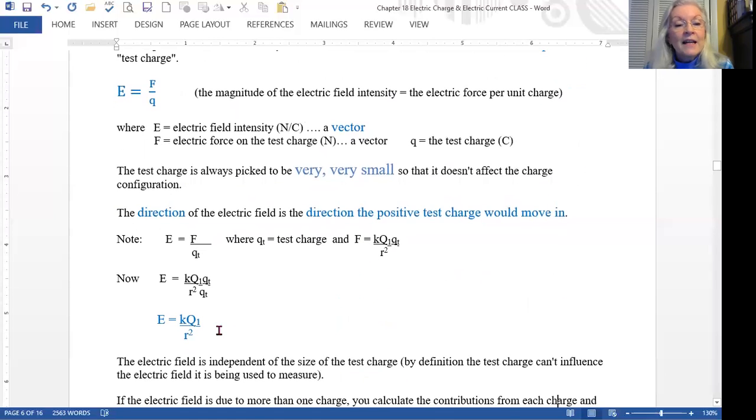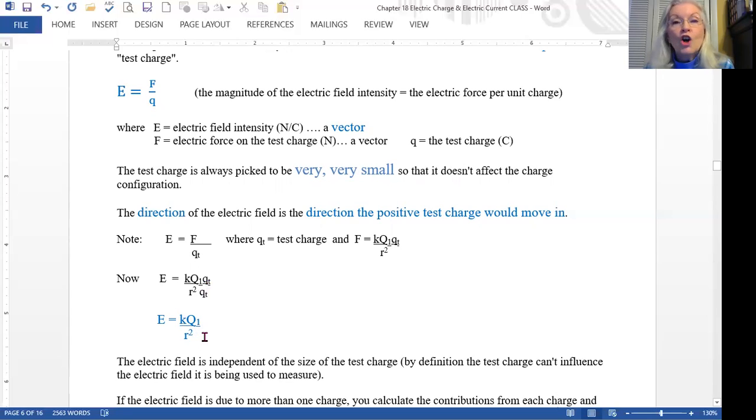And that means that E, besides being written as F over q, could be written as k Q1 over r squared. So it's little k, that 9 times 10 to the 9th newton meter squared per coulomb squared, multiplied by your charge, Q, divided by, now this is not the test charge, remember the test charge got canceled out, the square of the separation distance.